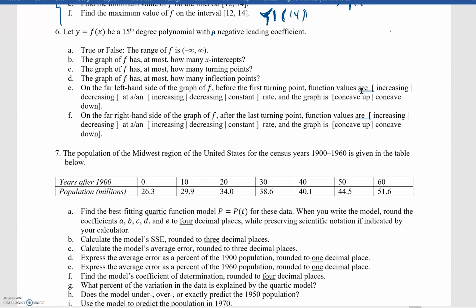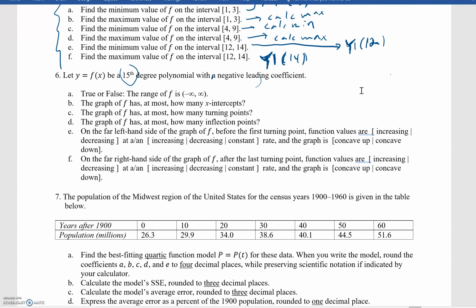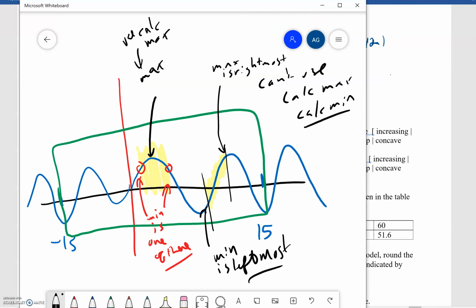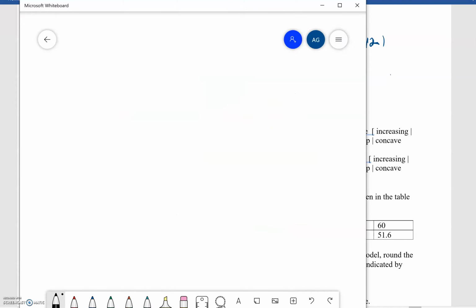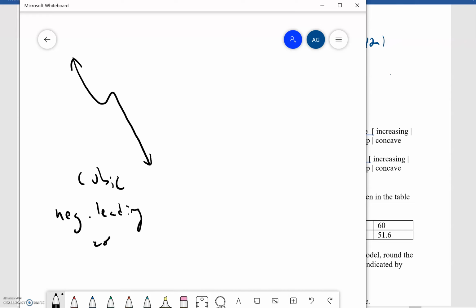Let f of x be a 15th degree polynomial with a negative leading coefficient. True or false? Okay, so what's the range of this? Well, if it's an odd degree polynomial with a negative leading coefficient, we can say a couple of things about this. In general, that's a cubic with a negative leading coefficient.